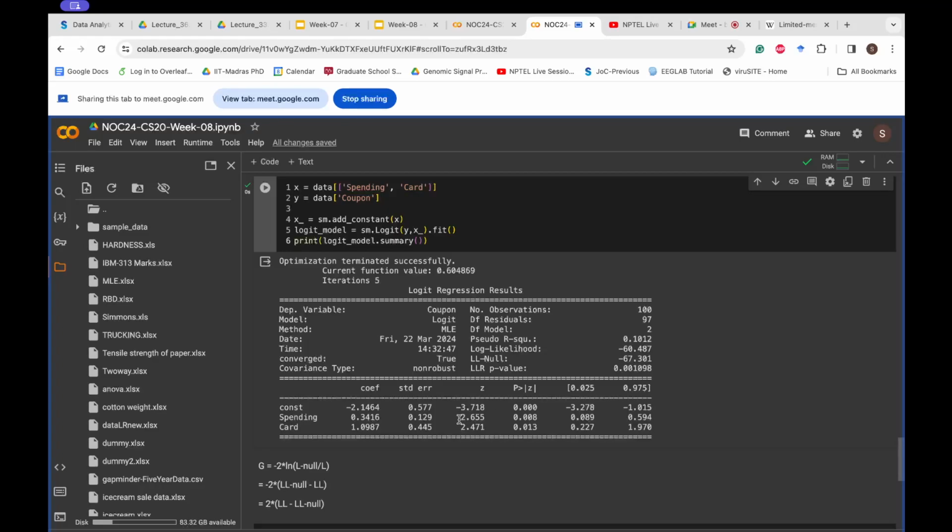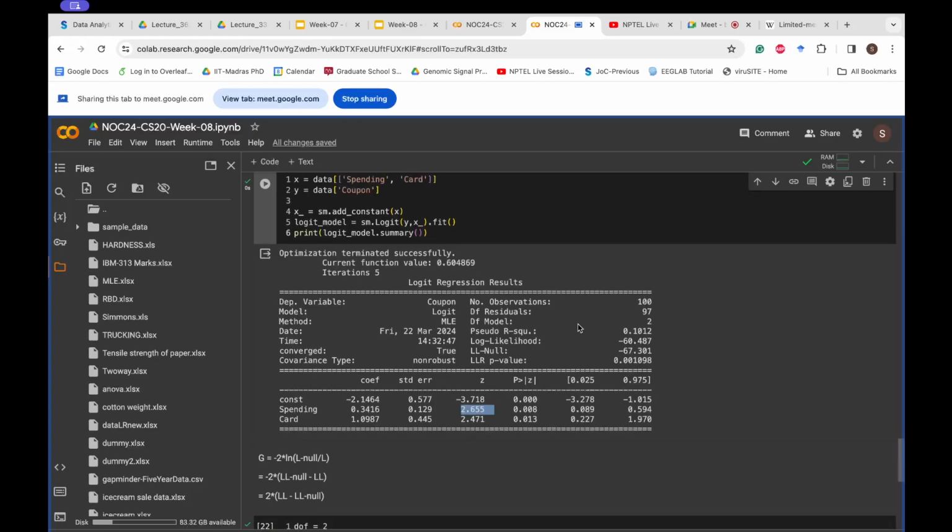This particular test to find out the statistical significance of the coefficient of an individual variable is called the Wald test. So you might get a question like, which test is used to find out the statistical significance of individual variables in the case of logistic regression? The answer is the Wald test.